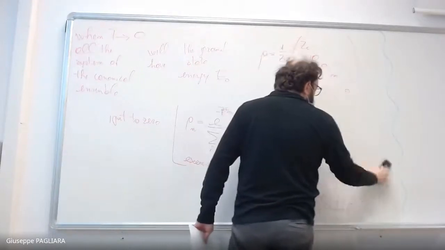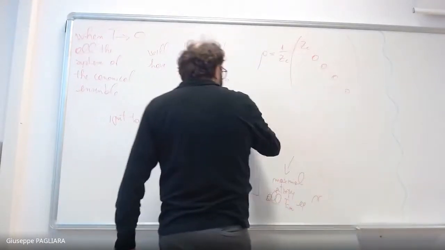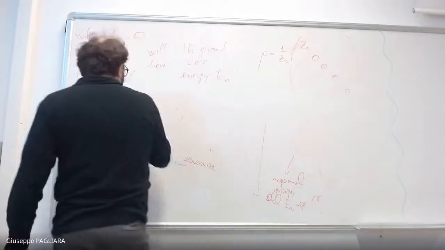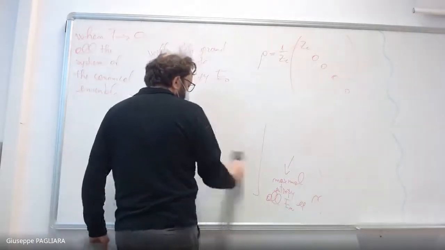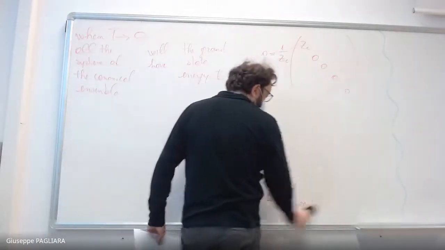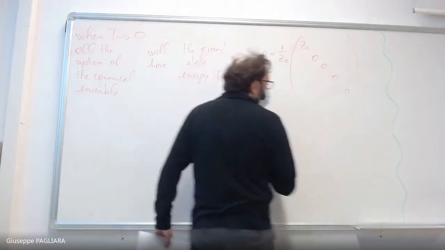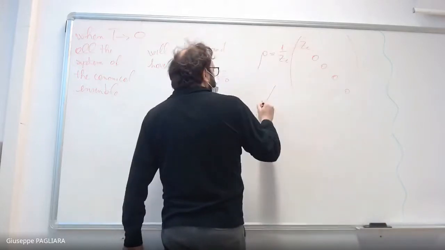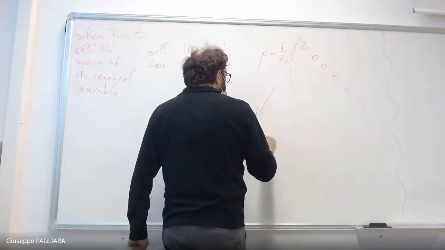And you see that in this case, all the systems of the canonical ensemble are in the ground state, and the associated entropy is equal to 0.